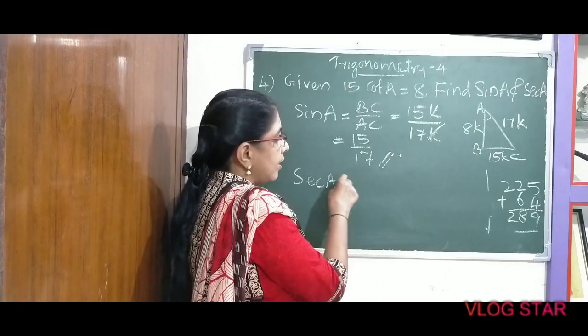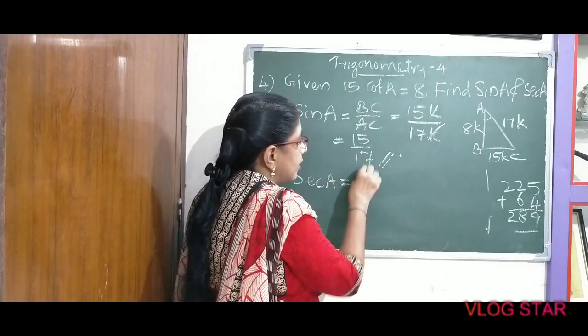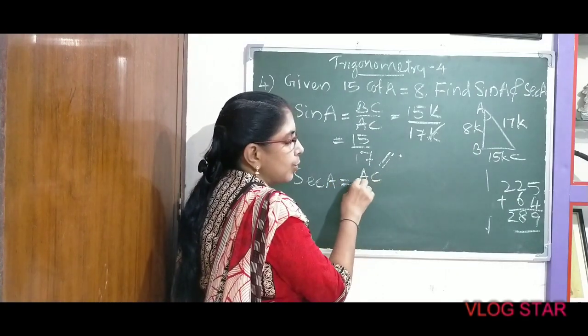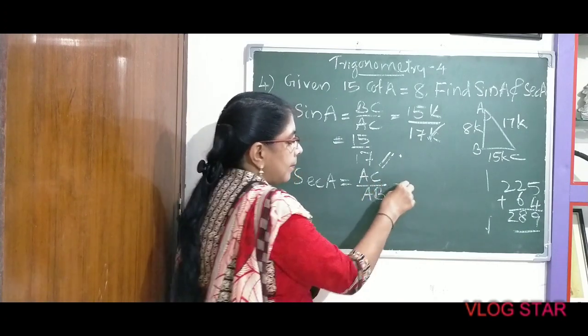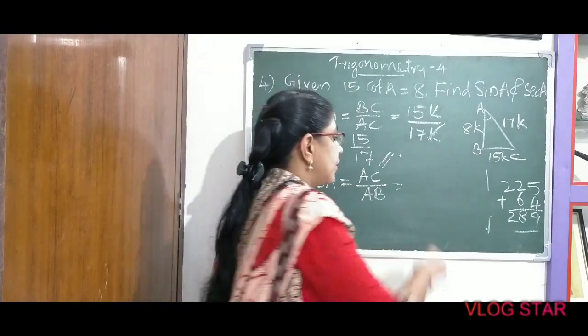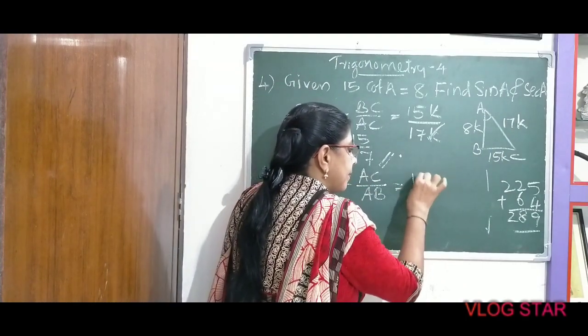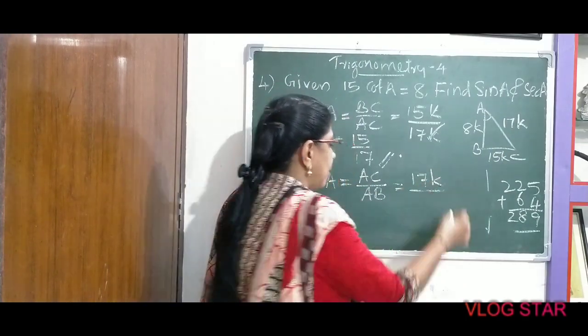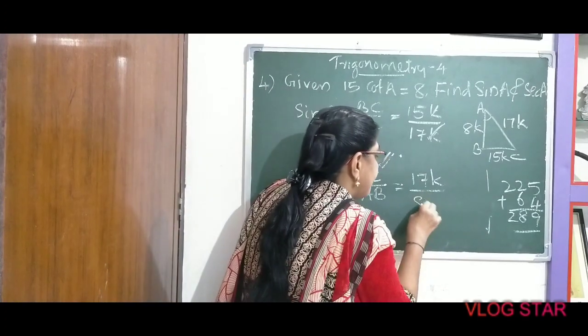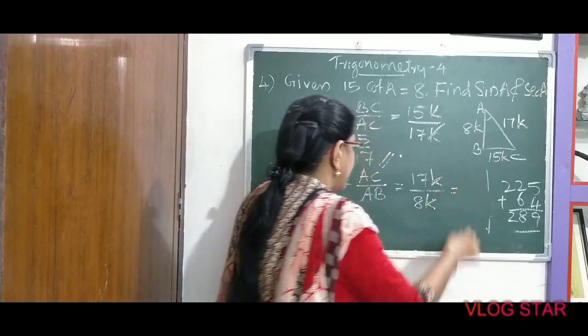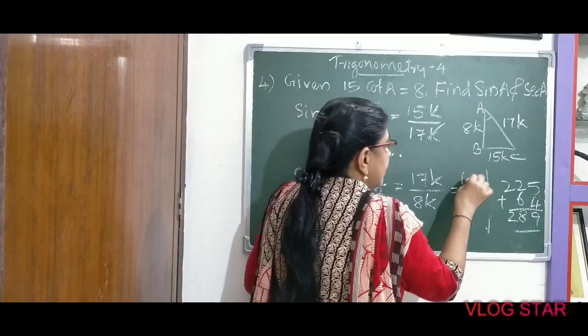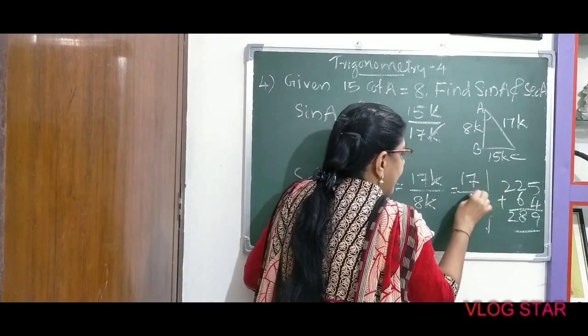Here the hypotenuse is AC and the adjacent side is AB. AC is 17K upon AB is 8K. K and K get cancelled. Therefore, we get sec A is equal to 17 upon 8.